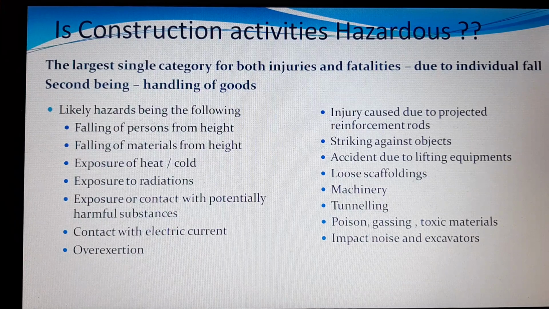The likely hazards that occur in any construction site are listed below.